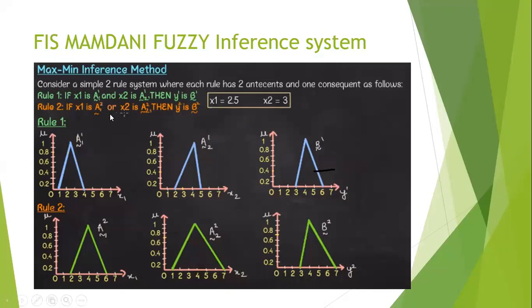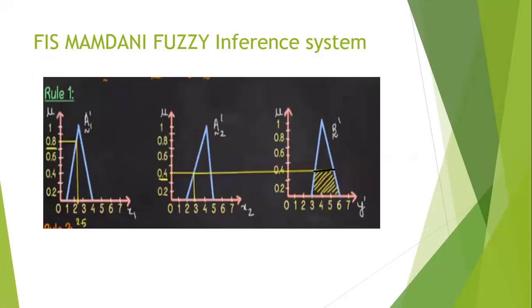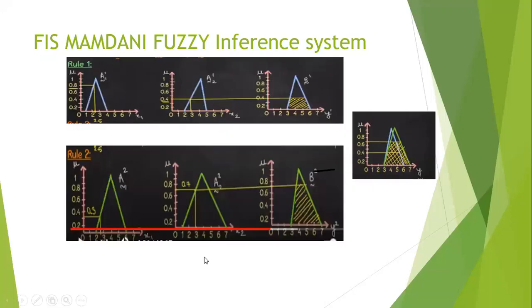Second rule is used with the OR operation. So when you are going for OR operation, we go with the maximum of the two membership functions. Correspondingly, for the second rule, corresponding to 2.5, the membership function value is 0.3. Corresponding to 3, the membership function value is 0.7. So the maximum among these two is 0.7.